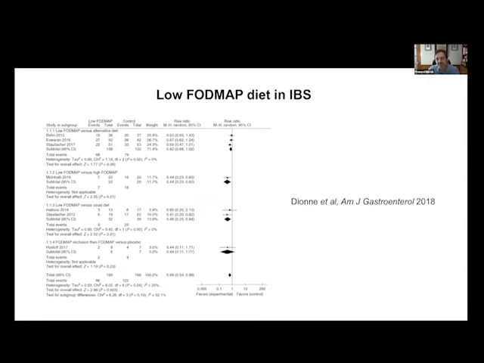Now, what do we know about the effect of low FODMAP diet? This is the result of a meta-analysis done by a group of Paul Moayyedi at McMaster, which reviewed the effect of low FODMAP diet in IBS. There is an overall benefit in patients with IBS by reducing these fermentable carbohydrates.